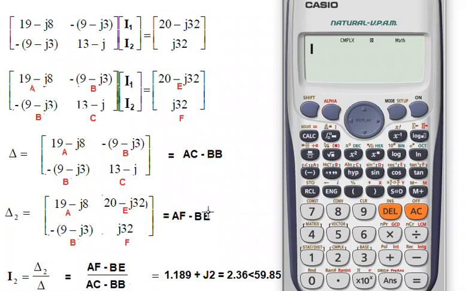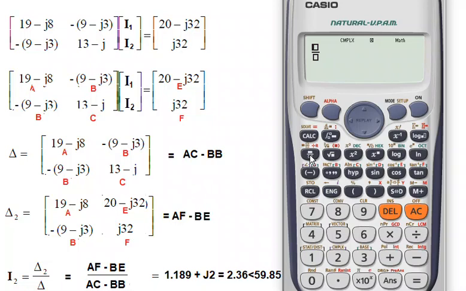Okay, so now there are two ways of solving equations. First of all, I'll tell one of the ways, and then in the end I'll give a hint of the second way. In the first way, we write this equation. Now this equation is in fraction form, so we select this fraction button here.